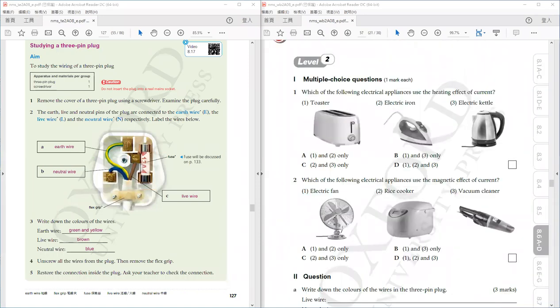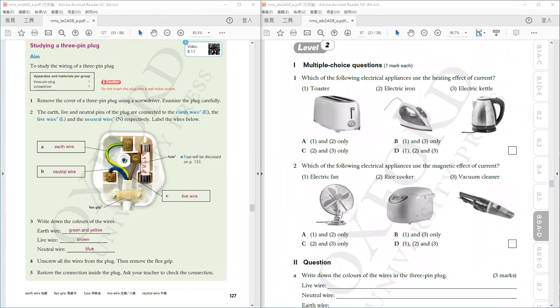So this time, to some level 2 questions, this is more difficult. You have to understand them with some effort, not just refer to the textbook. Which of the following electrical appliances use the heating effect?